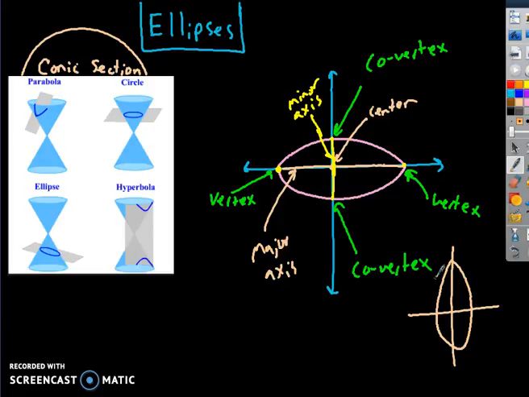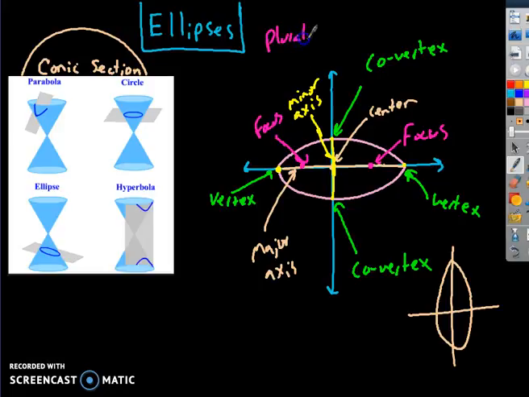Some other important facts: in between here, these two points, I'm going to call each point my focus. There are two of them, one there and one here. So focus, plural is foci.